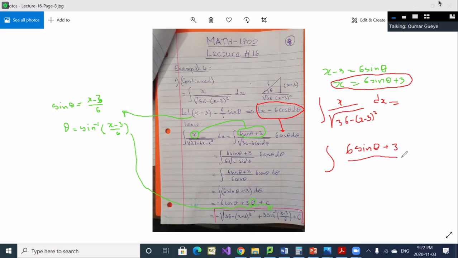And the denominator now becomes square root of 36 minus, but this bracket x minus 3 is what we call 6 sine of theta, you square it. So that's why here I got 36. When you square it, it becomes 36 sine squared, coming from here, this square. And the dx is equal to 6 cosine theta d theta. Is it okay?